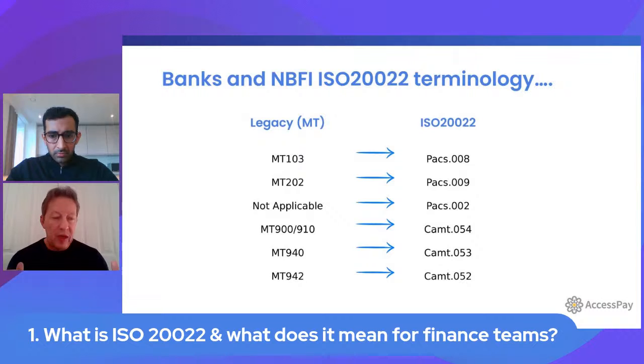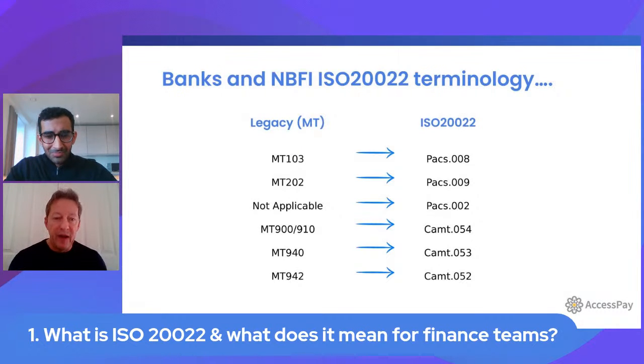And then as with the corporates, the payment status report is another benefit that we get for FIs as well. Whereas it was a PAIN002 message, which is the payment status report that comes back in the corporate world, in the FI world, this is called a PACS002, but effectively it's doing the same thing. It's providing an updated status in real time of what the bank is doing with that payment instruction.